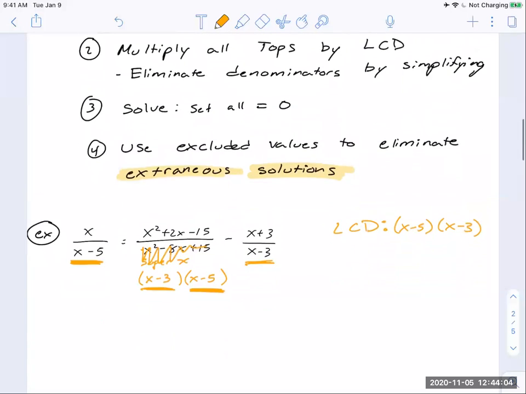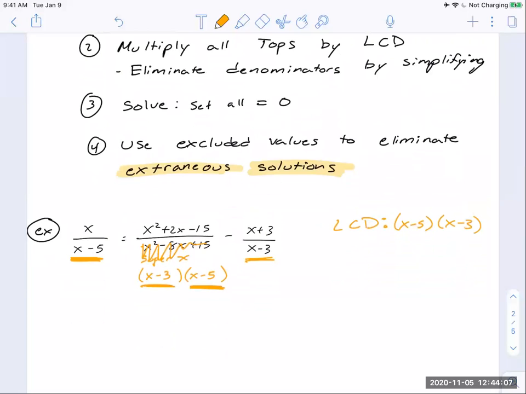Step 2, multiply all the tops by your LCD. Let's label that step 1 and step 2. Multiply tops by LCD. Here's what I mean.